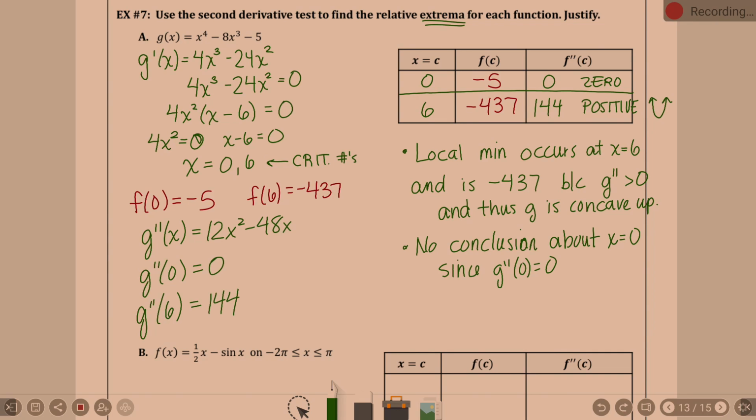And what I will say, likely a point of inflection, but were they asking me to find points of inflection? No. They're asking me for relative extrema. Okay, and I think if you graph it, it is a point of inflection. Yes?